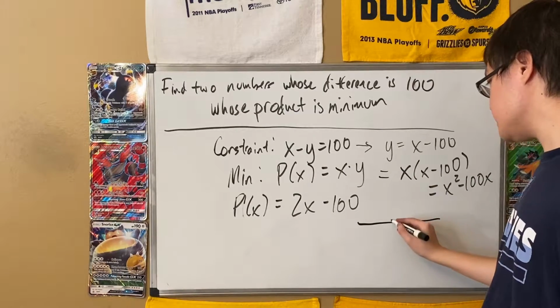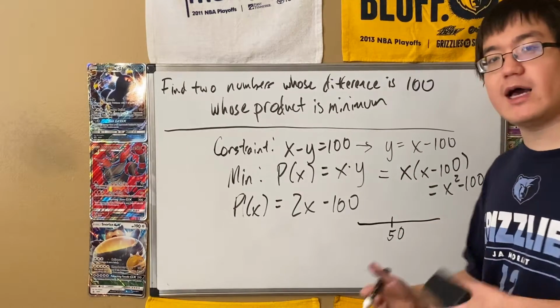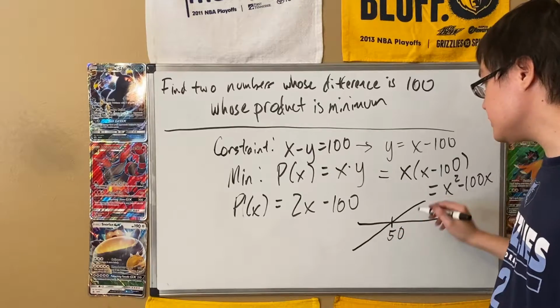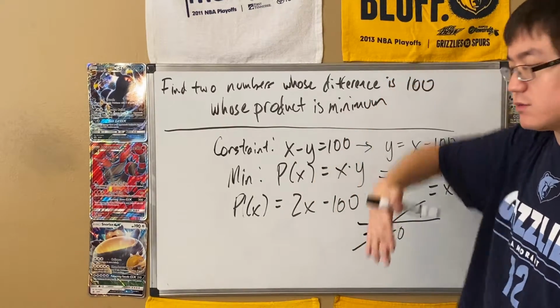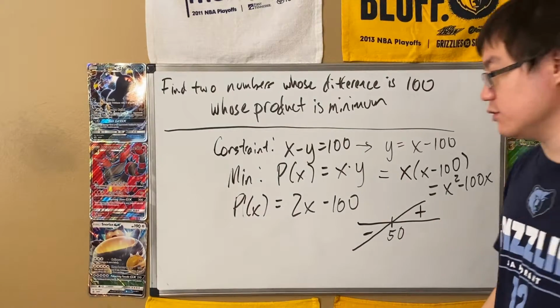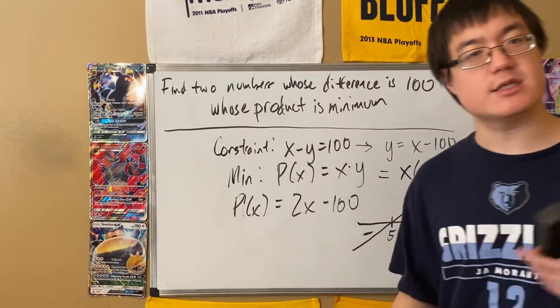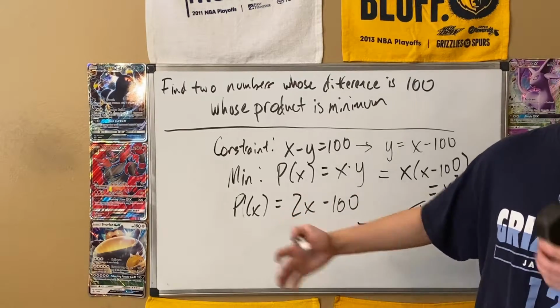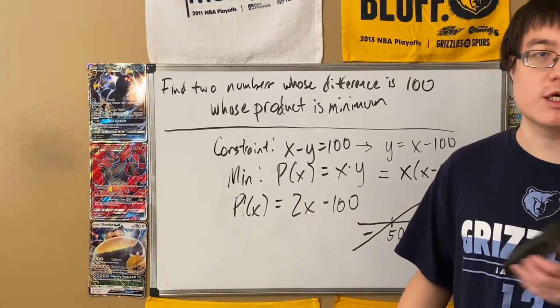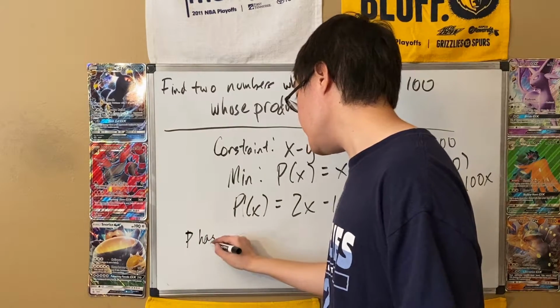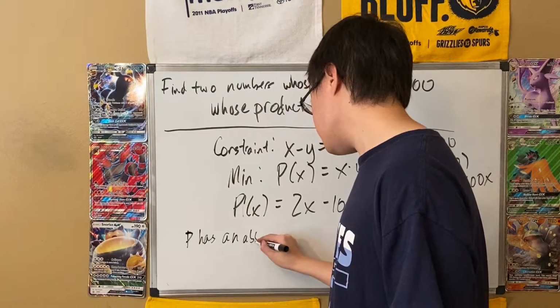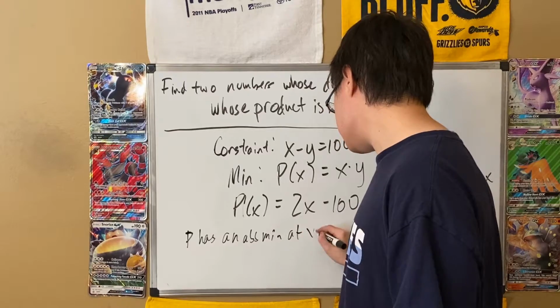So I'm going to draw a sign chart. Again, you have to have a nice, easy sign chart. This is going to be negative to positive because we have a positive slope line, and you have to justify, unfortunately. But the justification is the same thing every time. Hopefully as you write these questions out, you'll get used to justifying and you'll get used to the sentence. But P has an absolute minimum at x equal to 50.